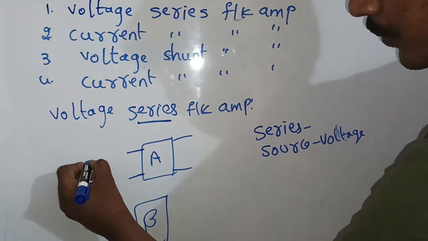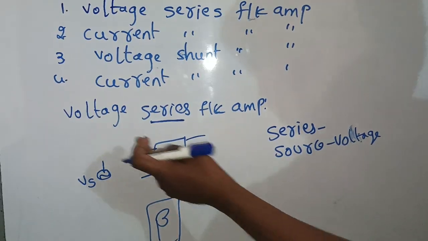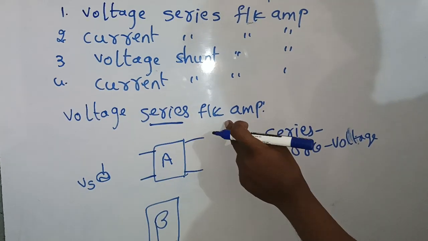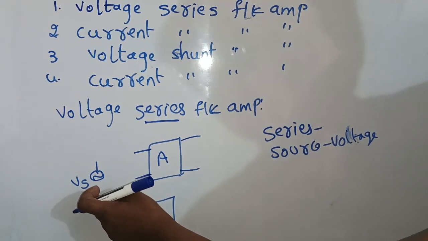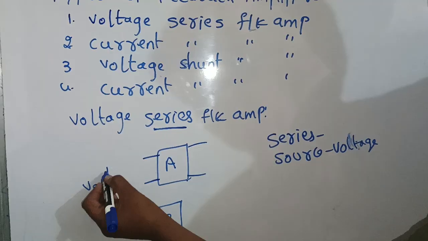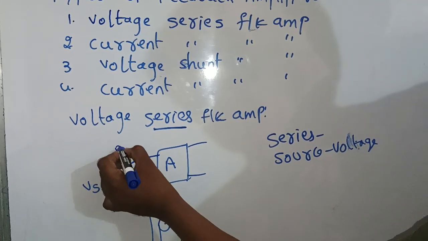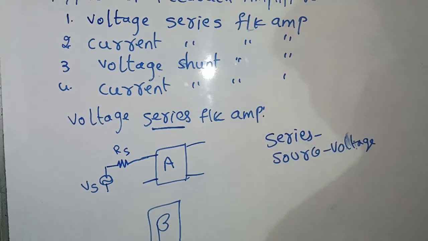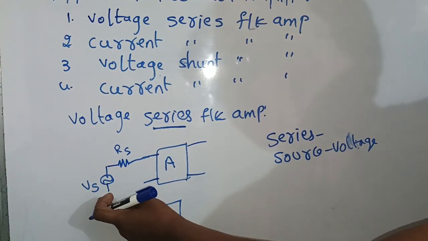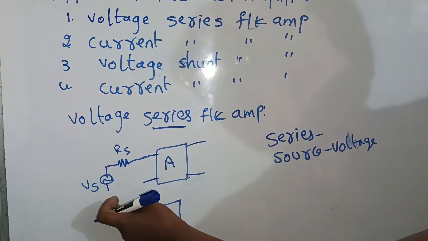So here we take one source, that is voltage source Vs. For any series feedback amplifier, we take the source as voltage. Next, the resistance is in series with the voltage source, that is Rs. That is the first point. For a series feedback amplifier, always the source is voltage, and the resistance is in series with the voltage source.